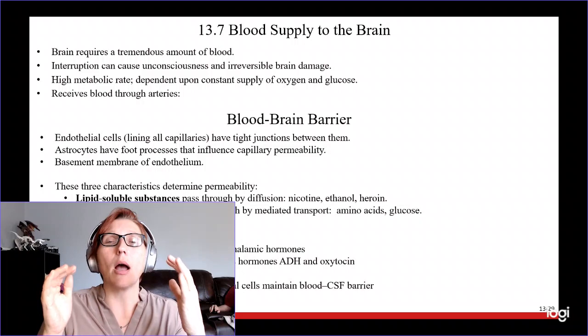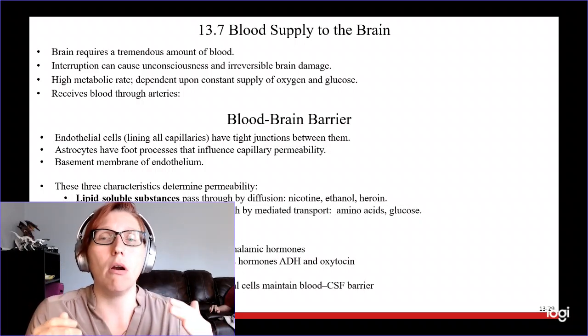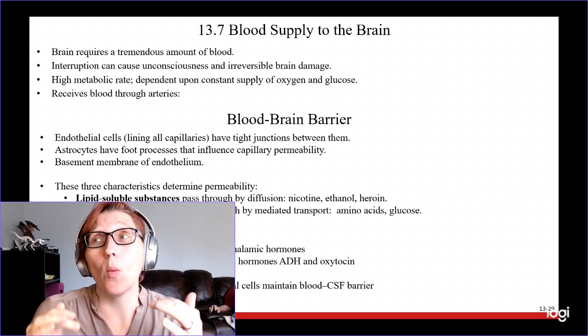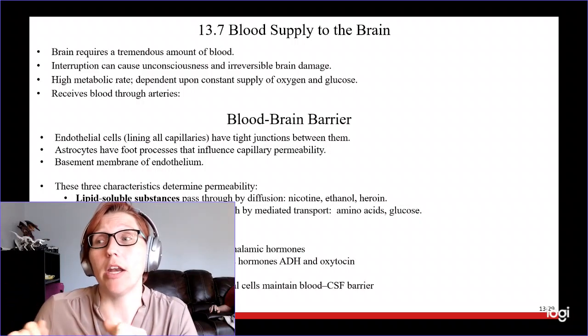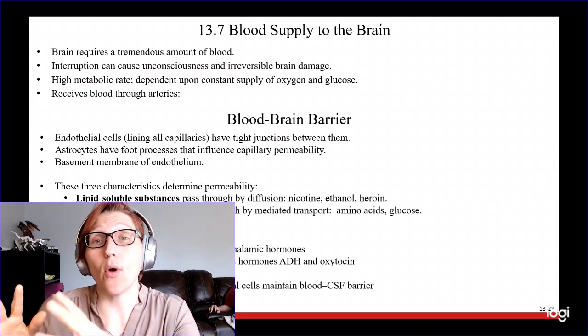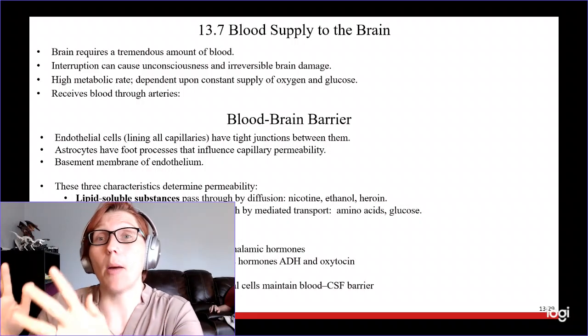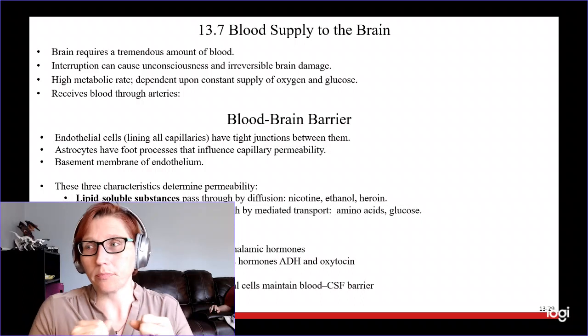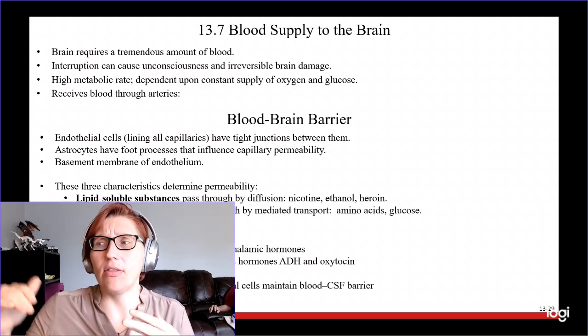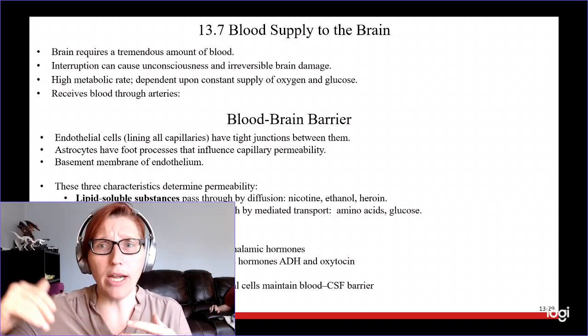So there is a blood-brain barrier. There are only a couple of points where sections of your brain actually have contact with blood. And generally, those are the ones that are putting out some sort of hormone that needs to go into your bloodstream. So I want you to understand this slide pretty well.